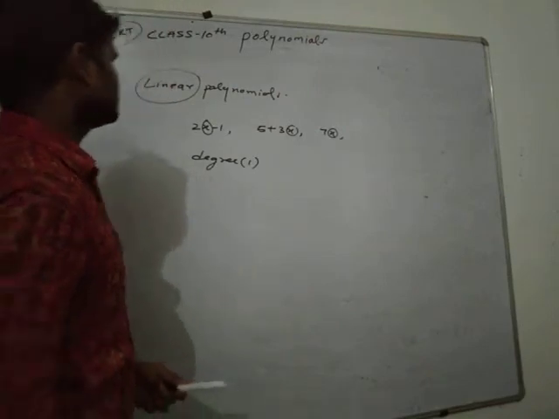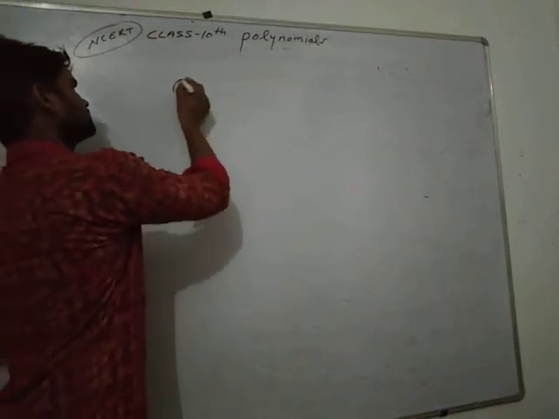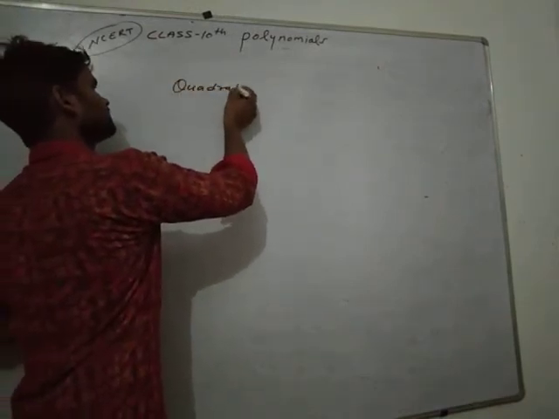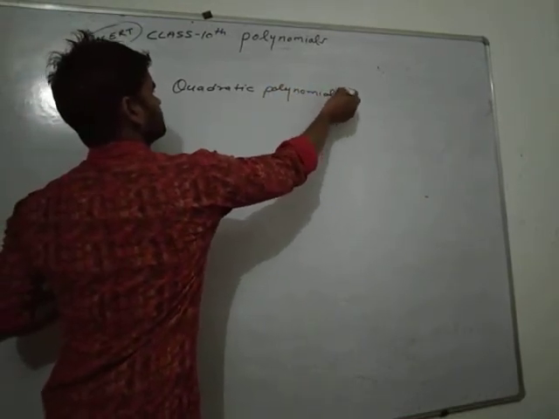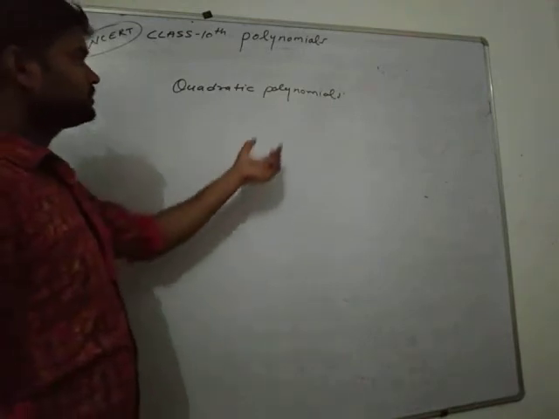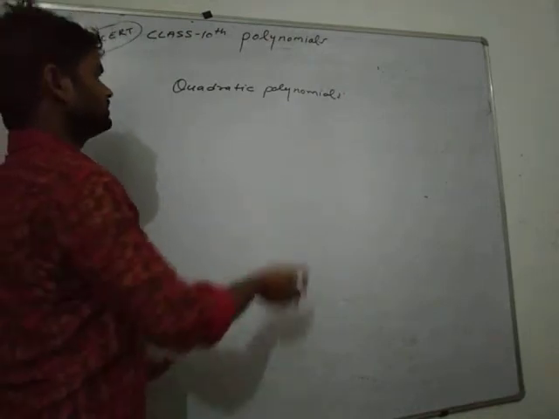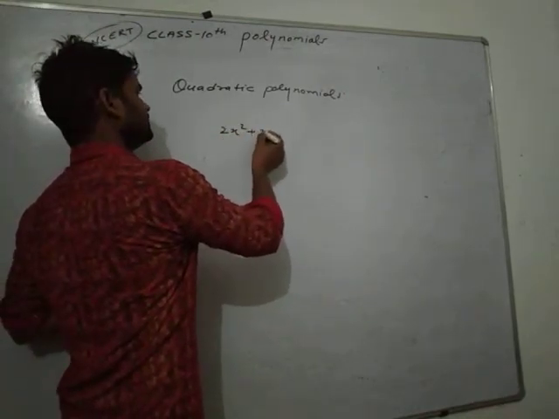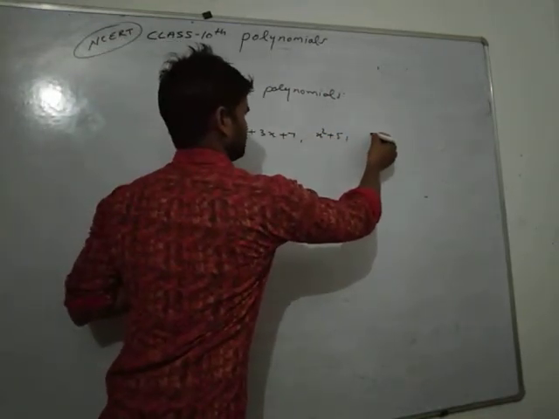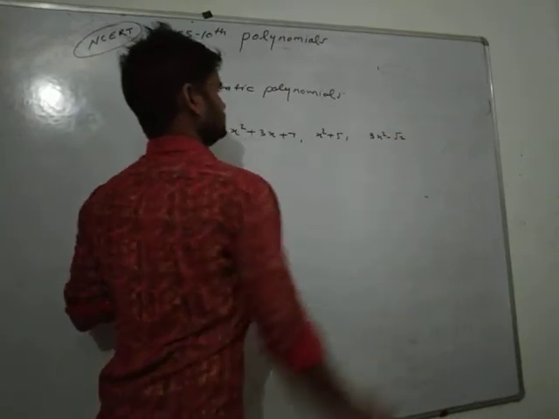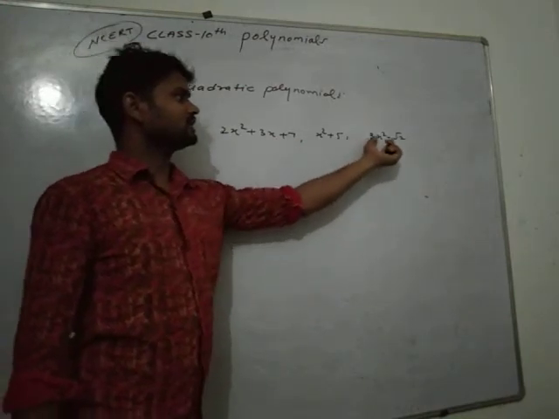Linear polynomials. And second, quadratic polynomials. Quadratic polynomials are polynomials in which the maximum power of x is 2. For example, 2x square plus 3x plus 7, x square plus 5, 3x square minus root 2.